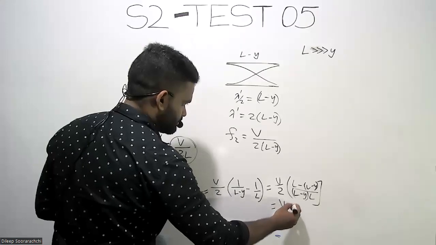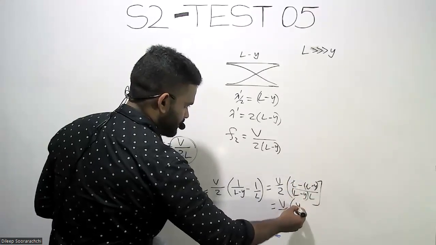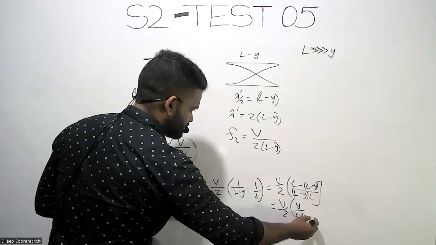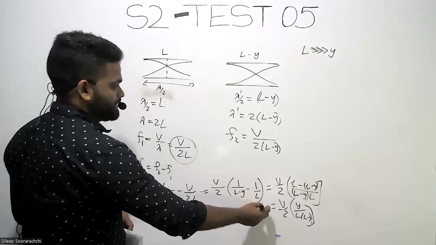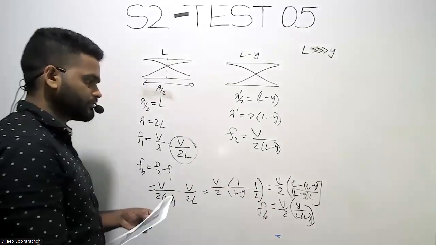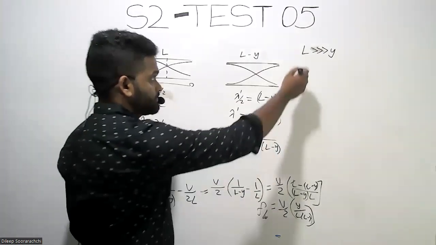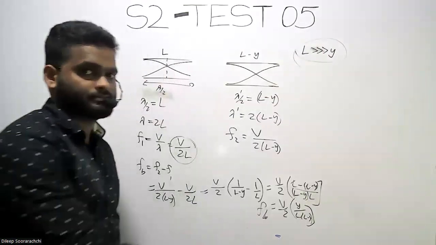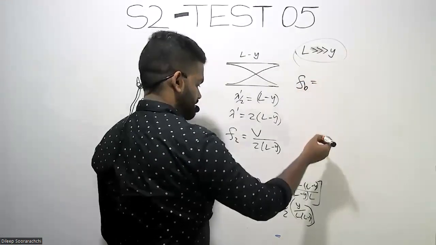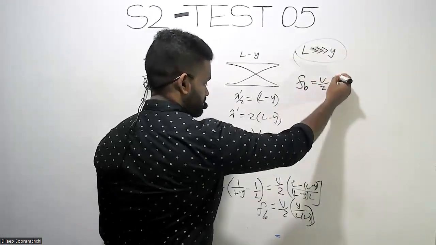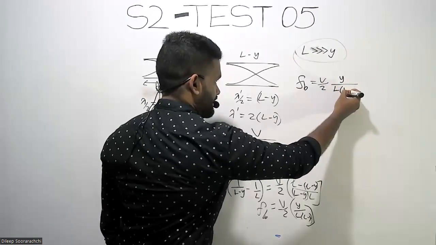L minus L cancels off, minus minus plus y divided by (L minus y) times L. So that is what you get for f_b. You can further simplify this using an approximation.